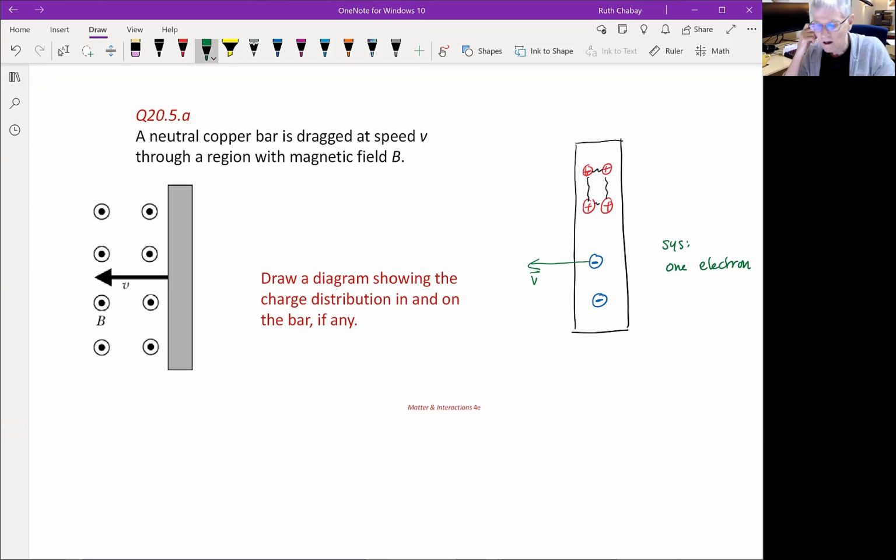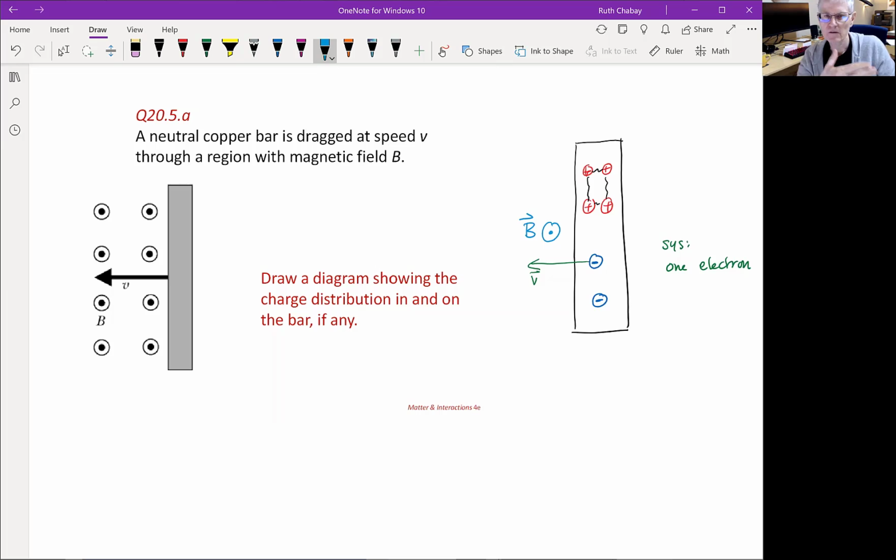And so now we have an electron moving to the left in a region where there's a magnetic field out of the page. So think for a minute about the magnetic force on that mobile electron.